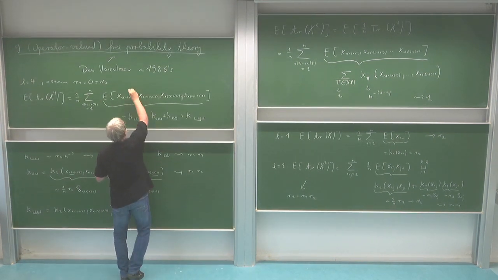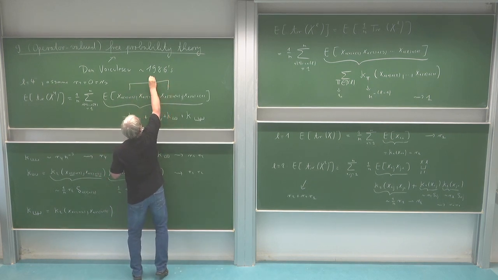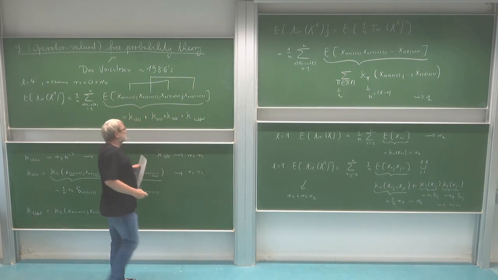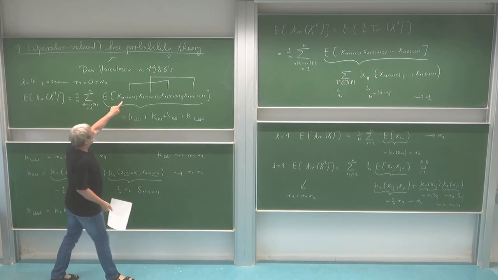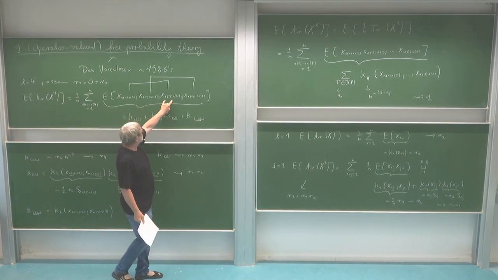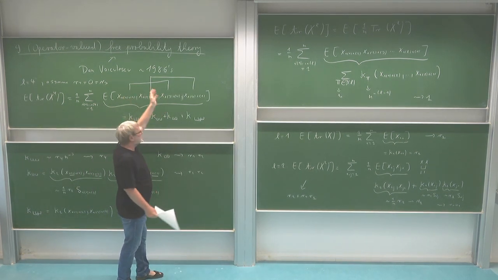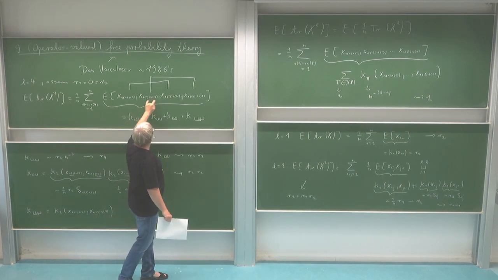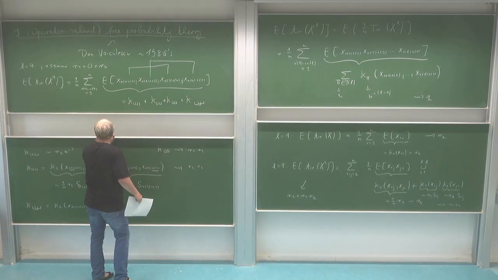So I'm taking this partition now of the 4 arguments, and so you see, I have taken this and this as the 2 arguments of the first cumulant, and this as the argument of the second.